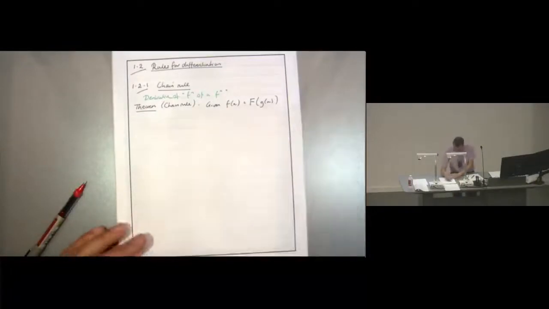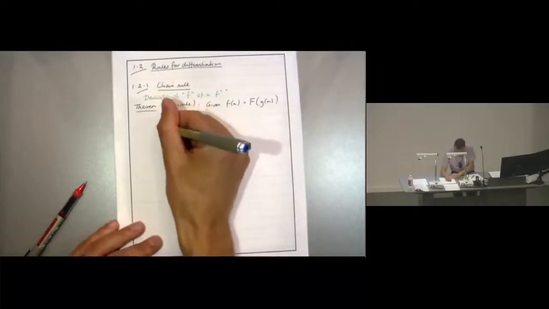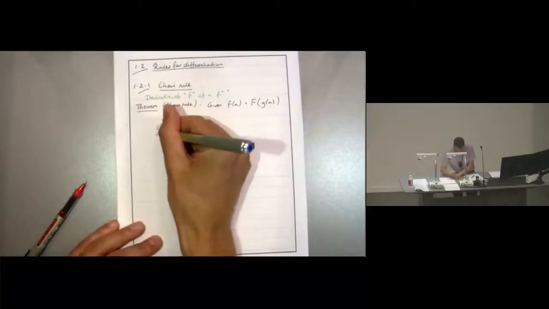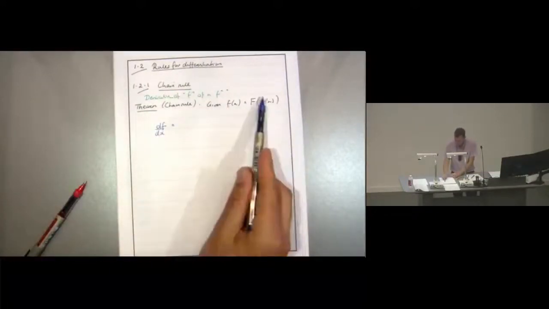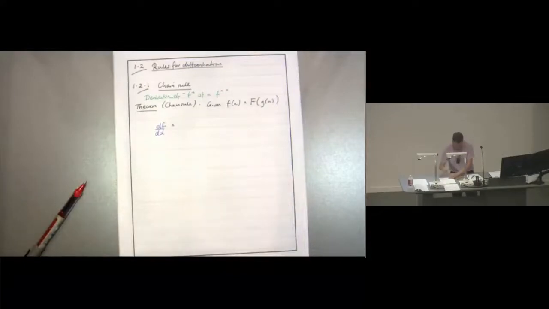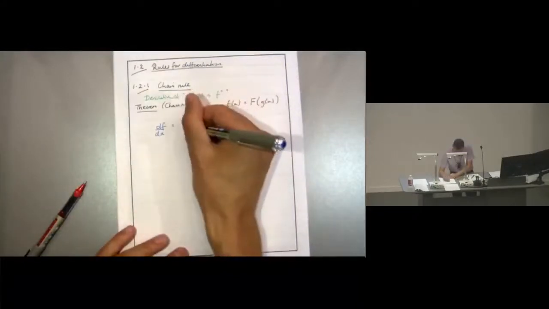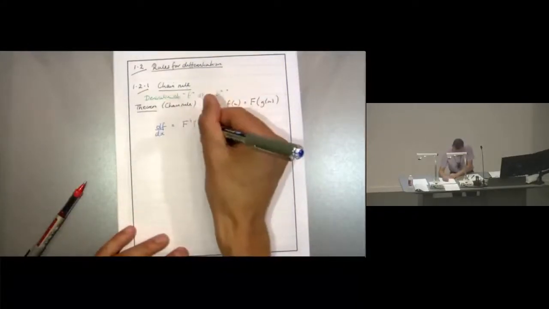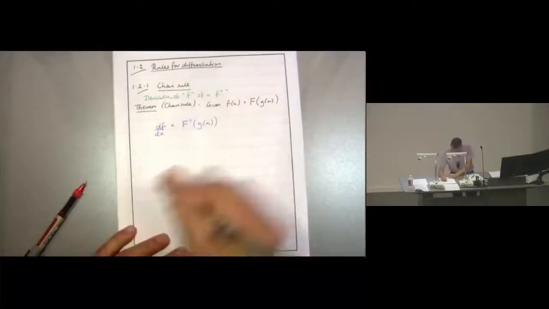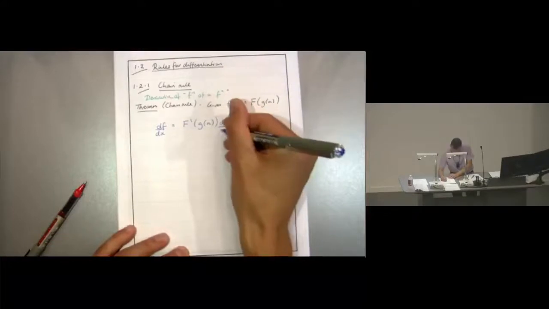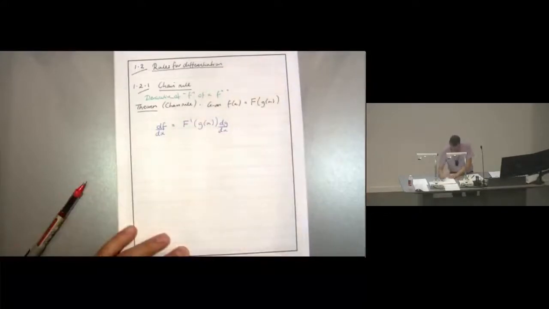Okay, so given this situation, the chain rule tells us that the derivative of f with respect to x is just given by the derivative of the function capital F with respect to its argument. We'll call that f prime. And then evaluated at g of x times the derivative of g with respect to x.